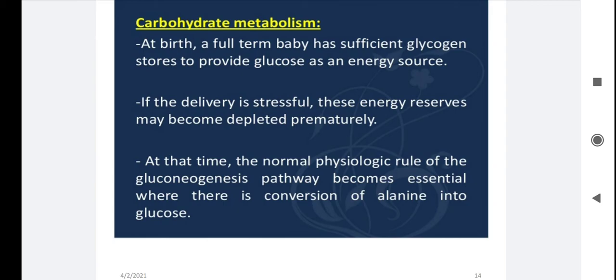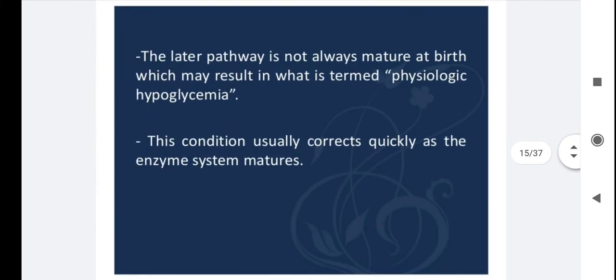At that time, the normal physiological role of the gluconeogenesis pathway becomes essential, where there is conversion of alanine into glucose. The latter pathway is not always mature at birth, which may result in what is termed physiologic hypoglycemia. The condition is usually corrected as the enzyme system matures.